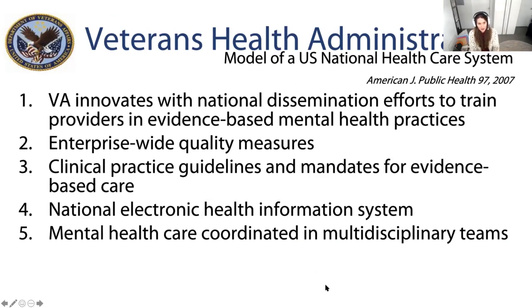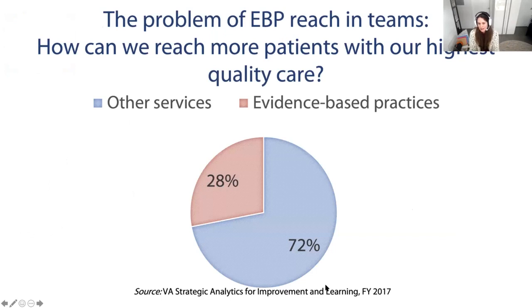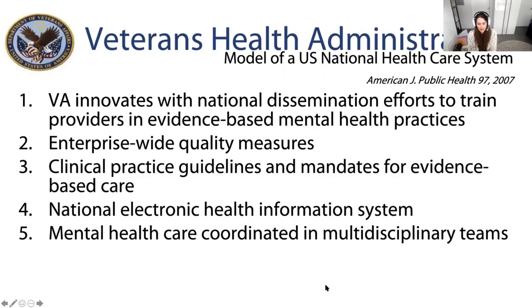The VA had national training programs that had been going on for almost 10 years, enterprise-wide quality measures that were incentivized in public, clinical practice guidelines and mandates, the electronic health record system, and care mapped to population in multidisciplinary care teams. And yet still, we were reaching about 1 out of 3 of our patients with our EBPs. And again, these were the most common: cognitive behavioral therapy for depression, medication-assisted therapy for opioid use disorder, very well-established evidence-based practices.